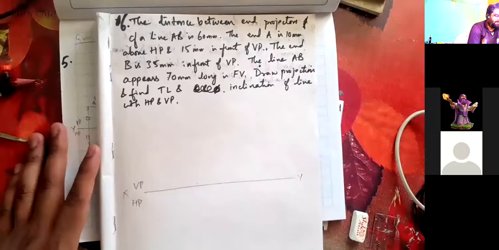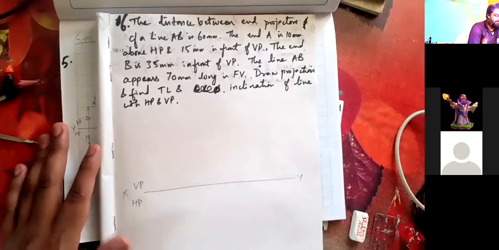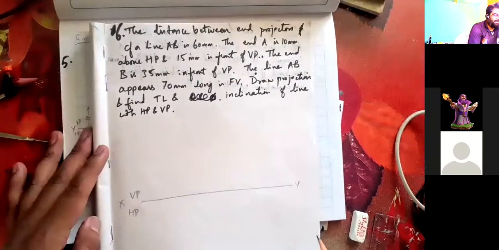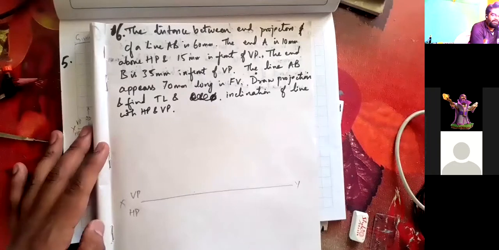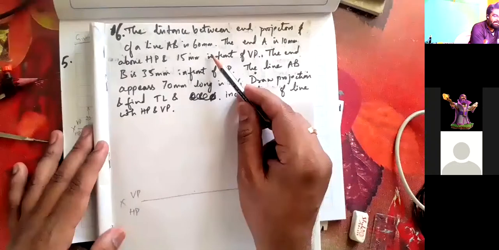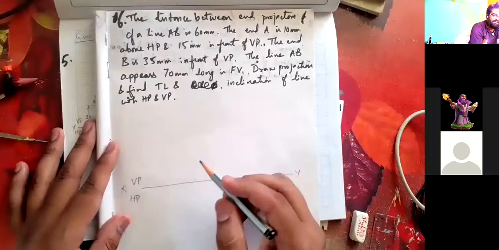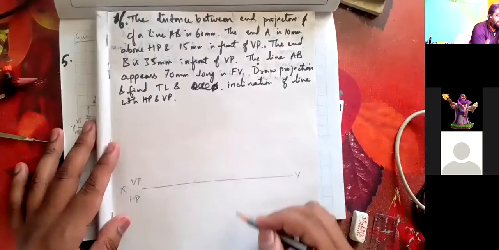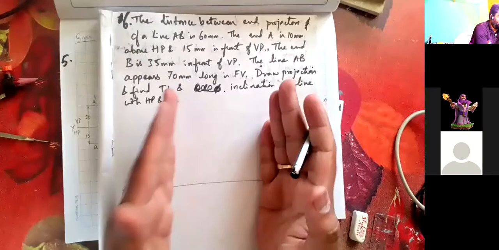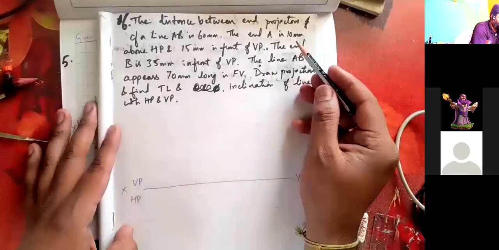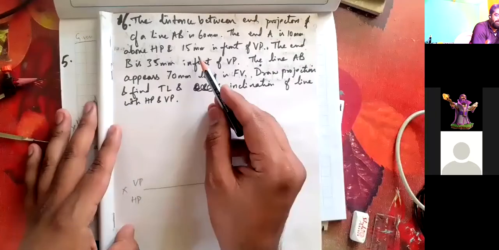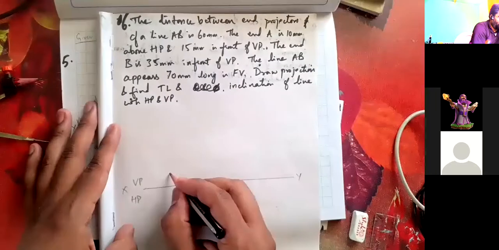And the distance between end projectors of the line AB is 60 mm. That means you need to understand that A dash A and B dash B are lying at a distance of 60 mm. Next, the end A is 10 mm above HP and 15 mm in front of VP.